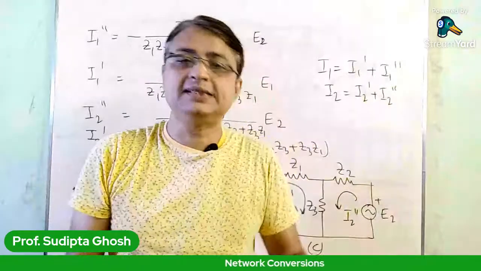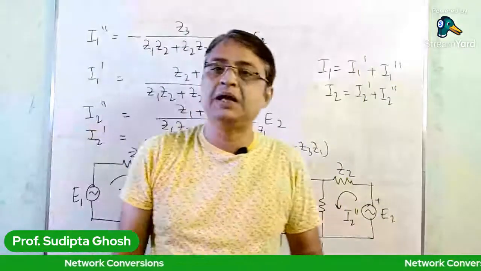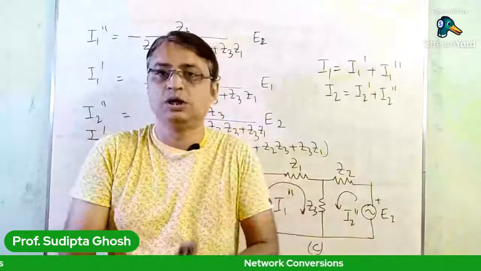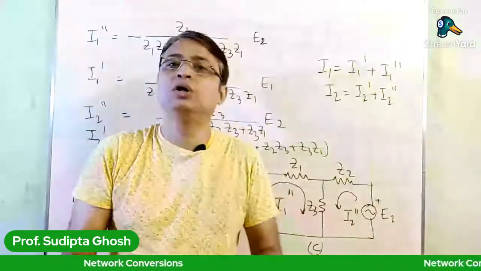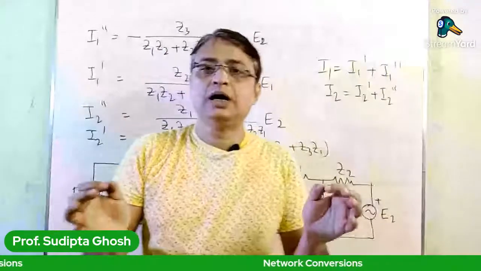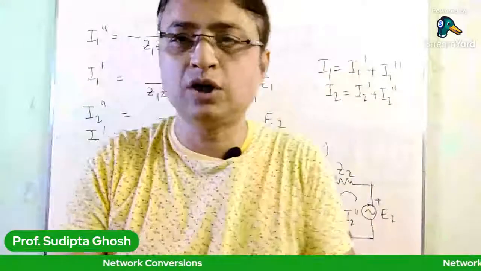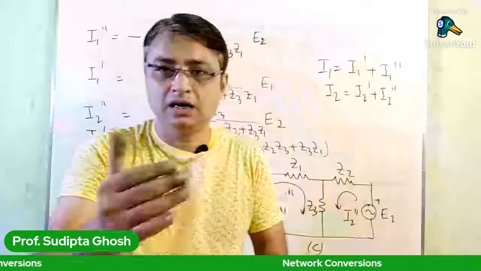So this is a drawback of the superposition theorem, as it is only applicable to a linear network, or a network in which only linear elements are used. So today this much, and I am going to conclude this topic the next day, tomorrow.